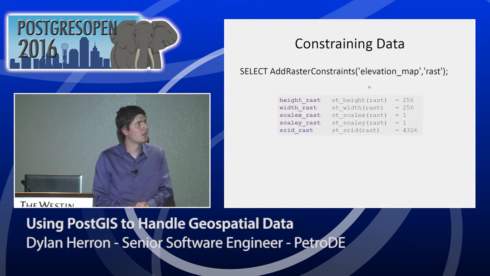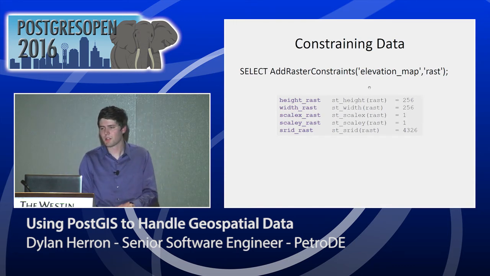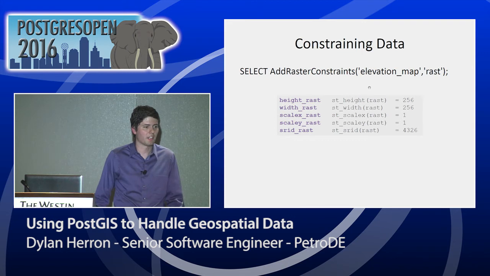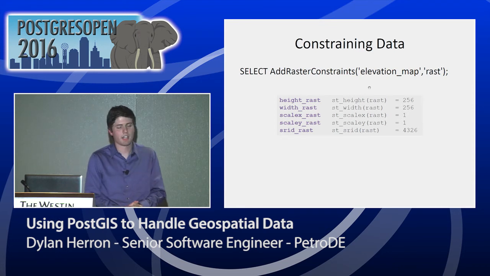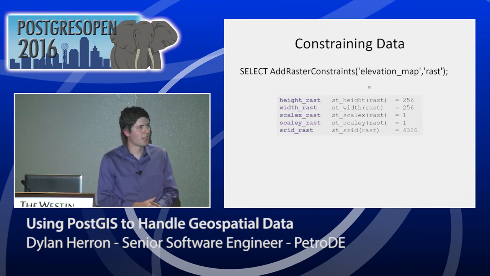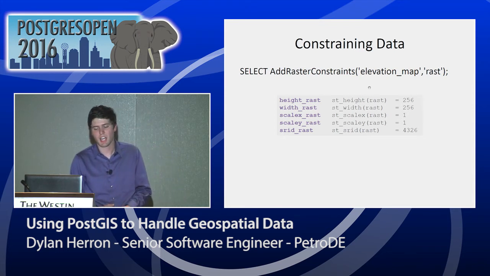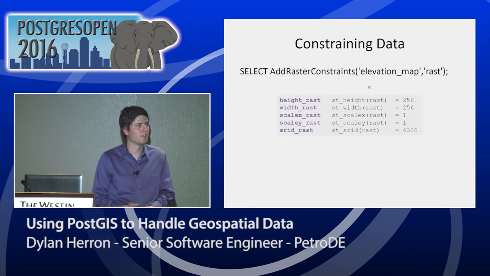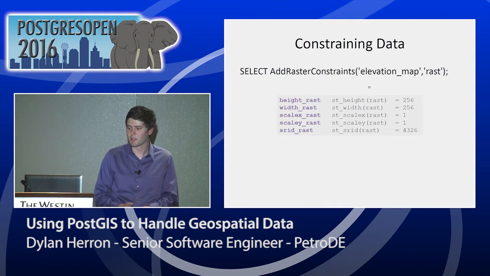Another thing that's pretty important to do is to make sure that your data is consistent. Because when you're working with tiles, having things that are perfectly aligned and exactly the right size is super important. One way to do that is to add constraints to your table. If you try to add a constraint to a table where it's invalid, it's going to throw an error. Or if you try to add an invalid row to a table that already has a constraint, it's going to throw an error.